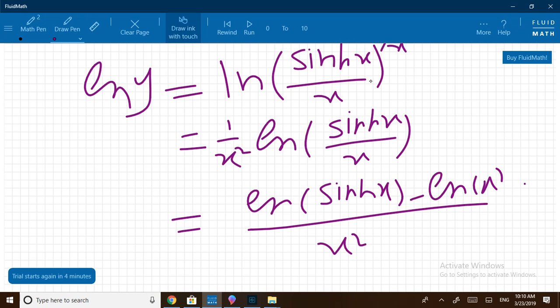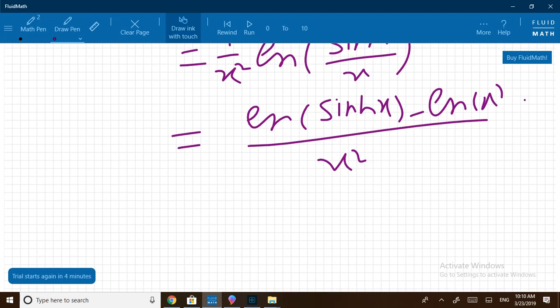Natural log of sine hyperbolic x approaches natural log 0, which is infinity. So natural log of x, it means we will apply the L'Hopital rule.